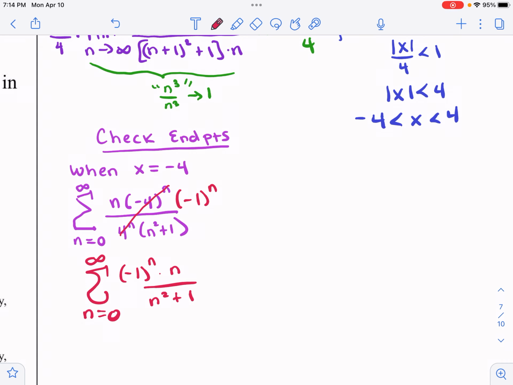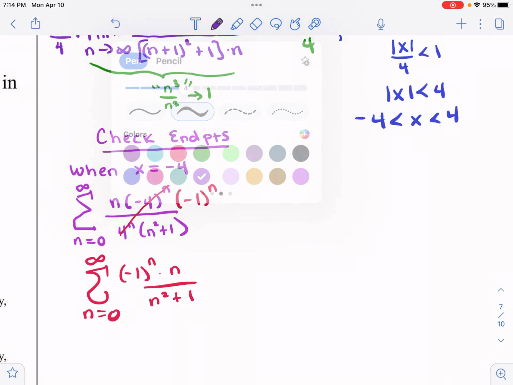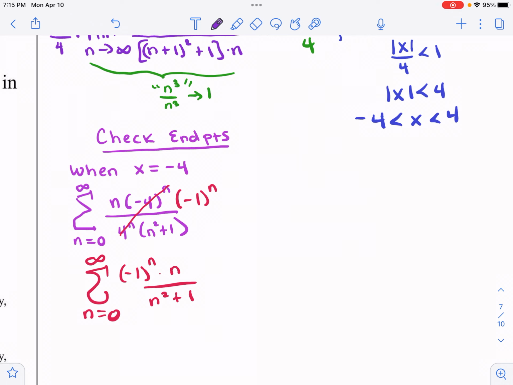So this is an alternating series. So it has two bites at the apple, or two attempts to try to converge. It could converge absolutely, so let's check that. If it converges absolutely, you're taking the absolute value of the term, so you're analyzing this. It wouldn't oscillate if you took the absolute value of the terms.